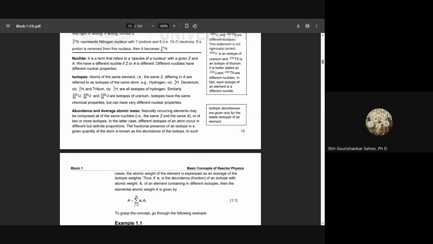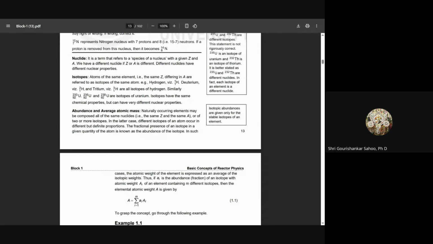So a uranium atom has 92 protons and 92 electrons around the nucleus, and it might have different numbers of neutrons. 141 neutrons in a uranium atom is one isotope, 142 neutrons is another isotope, and 144 neutrons is another isotope.